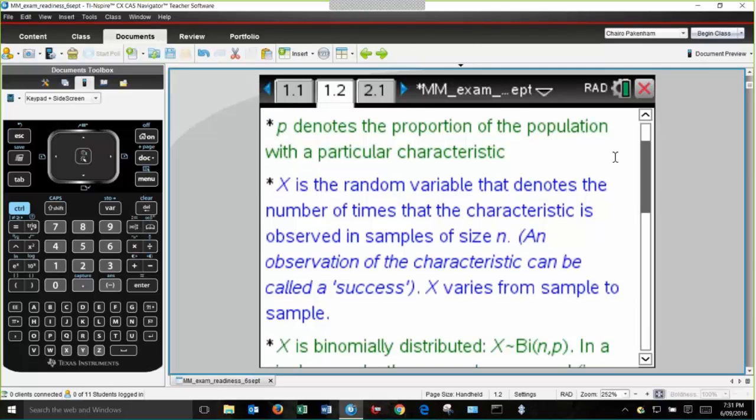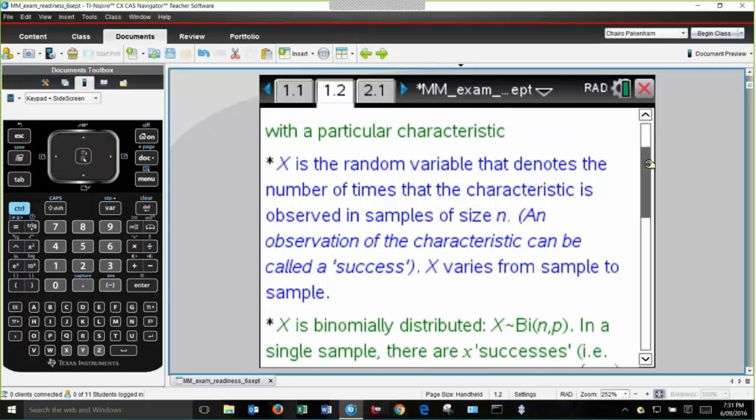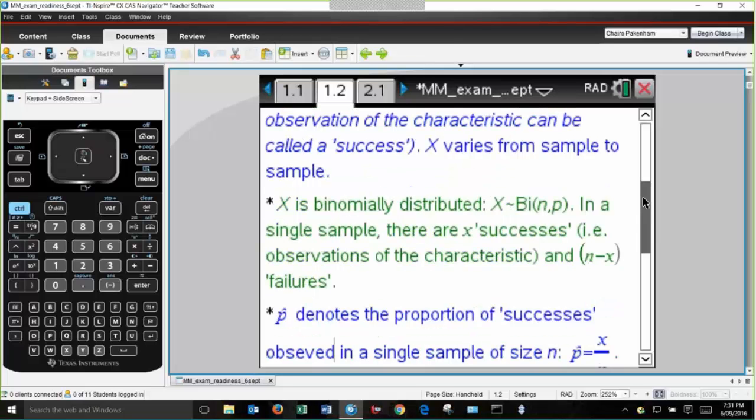An observation of the characteristic can be called a success, and X varies from sample to sample. X is binomially distributed because you either observe the characteristic or you don't. So in a single sample, there are X successes and n minus X failures.